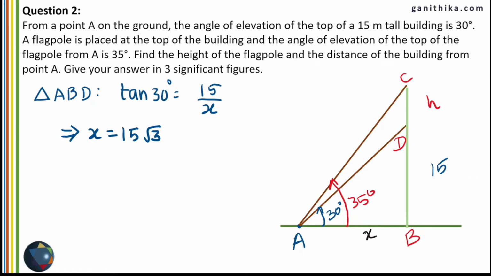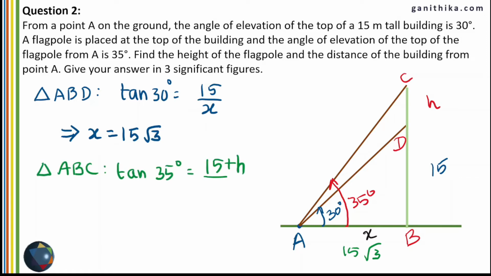So let's go further to use the triangle ABC. This is also 90 degrees at B. Therefore, in triangle ABC, the angle is 35 degrees and opposite to 35 degrees is H plus 15 and adjacent to 35 degrees is X. Therefore, tan 35 degrees is H plus 15 over 15 root 3. The X value you just found out in the previous section.